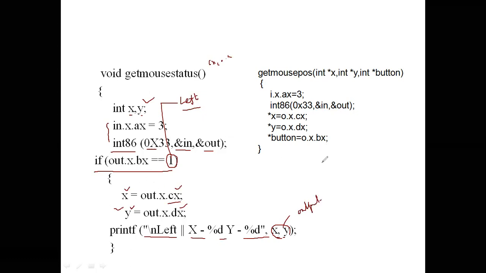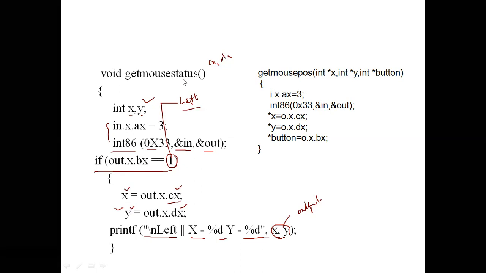Wherever I press the left button, it will return the CX and DX into x and y, and it will print the x value and y value. So with the help of this out.x.dx, we are handling the status of the button. Here we are checking whether the left button is pressed.